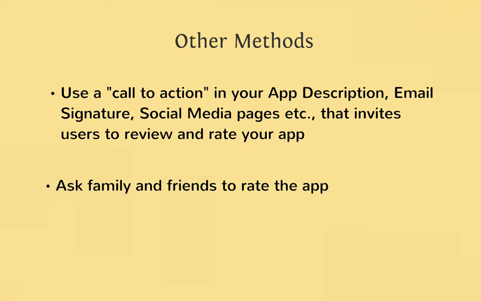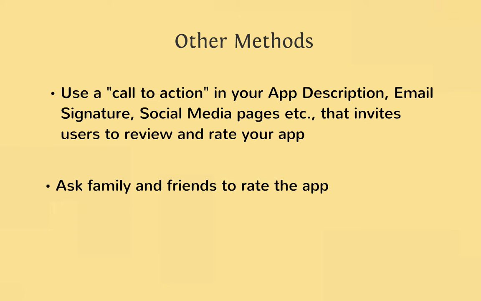The second method, ask family and friends to rate the app. I would be really careful with this method, and one of the reasons why is that family and friends tend to go and rate your app with a really glowing review, and it's really obvious when you've been asking family and friends to go and rate the app. So just be careful doing it.